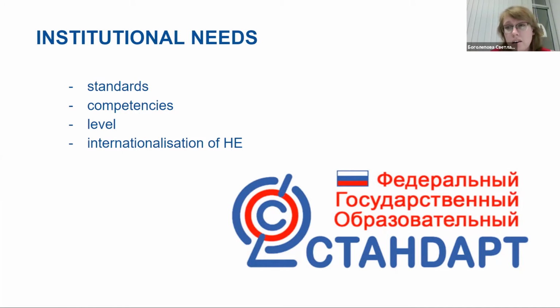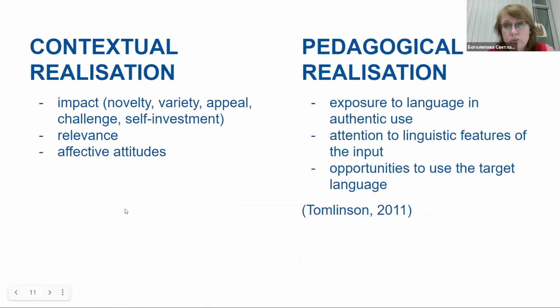Federal standards are rather vague, that is why we can interpret them a bit vaguely as well. And we can't forget the requirements of the universities that our students start publishing and taking part in international projects already when they are bachelor or master's students. So institutional needs have to be taken into account too.